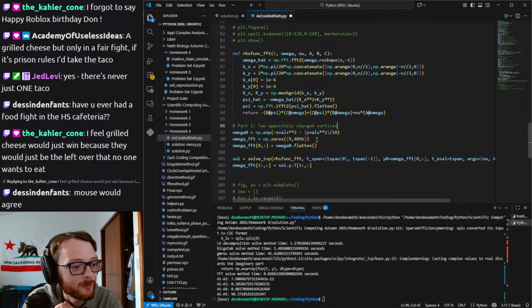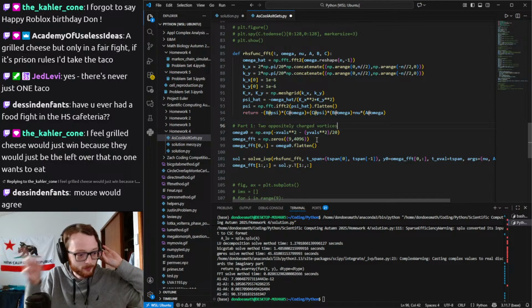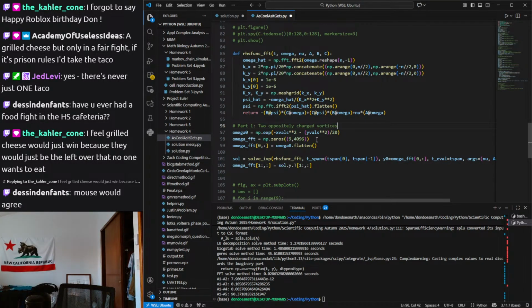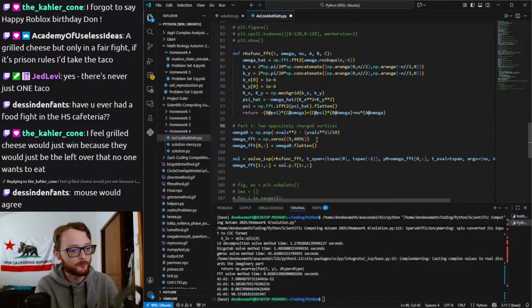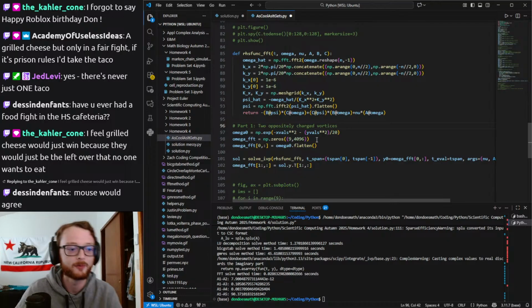I feel grilled cheese would just win because they would just be the leftover that no one wants to eat. You don't like grilled cheese? I think I need to close my shades. 1 second. The lighting on me looks weird because of the light from that direction. This is our first sunny day. It's not even completely sunny. That's the first time it became sunny, but that's our first sunny day here in like a week.